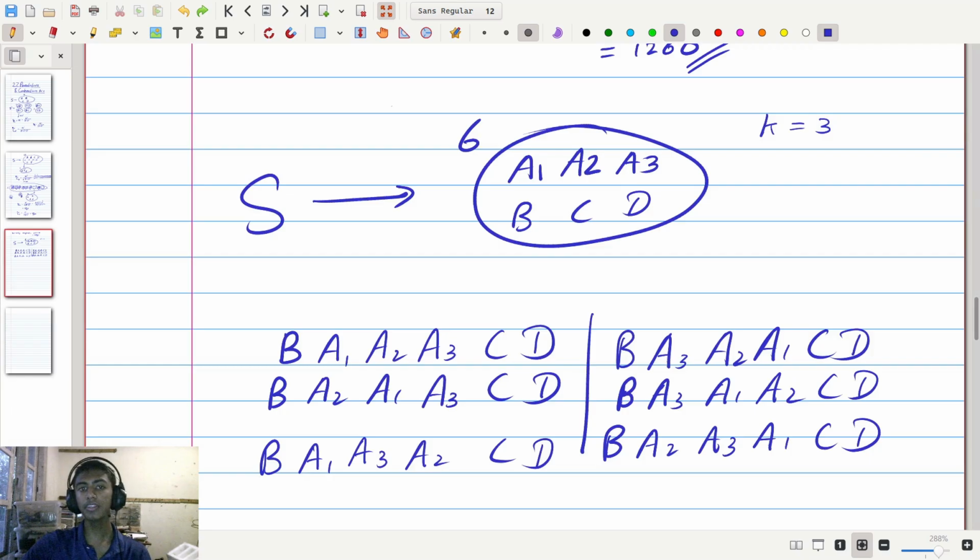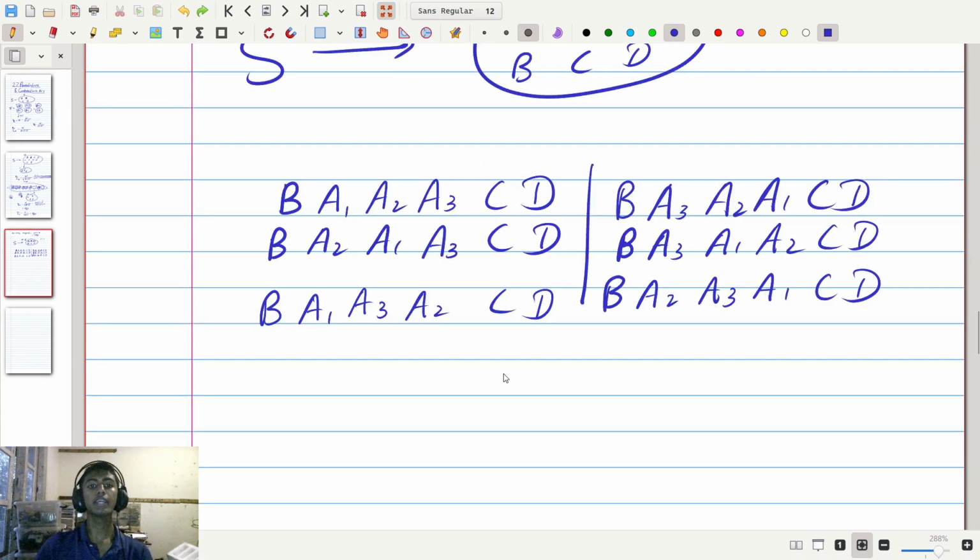So therefore, given the situation where we have n equals the total number of elements, in this case 6, and k equals the total number of duplicates, if we want to permute all of the items, then the total number of permutations is going to be equal to the total number of permutations of the original set, assuming that every element is unique, which is going to be n factorial, divided by the total number of duplicates of the particular element, which is going to be k factorial.